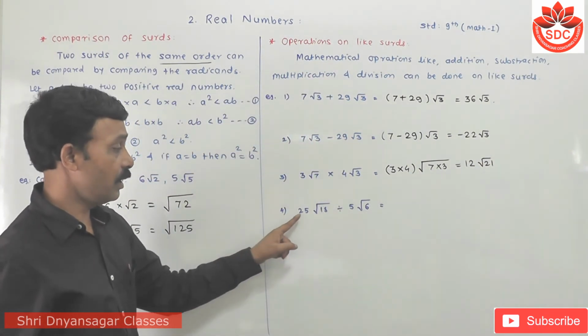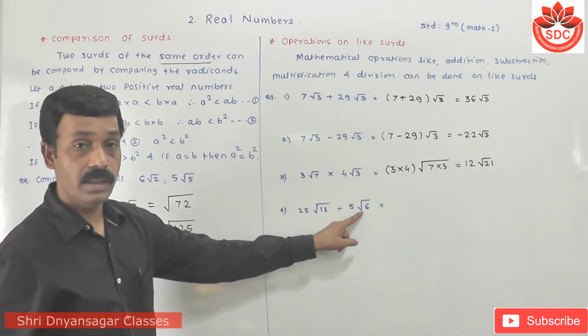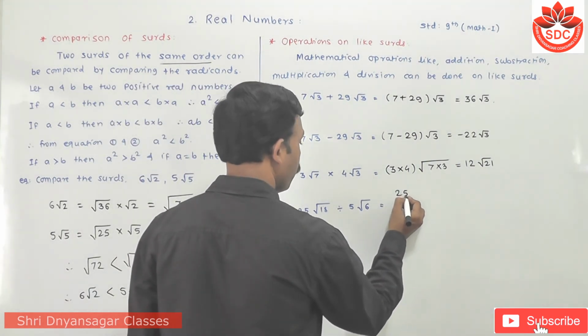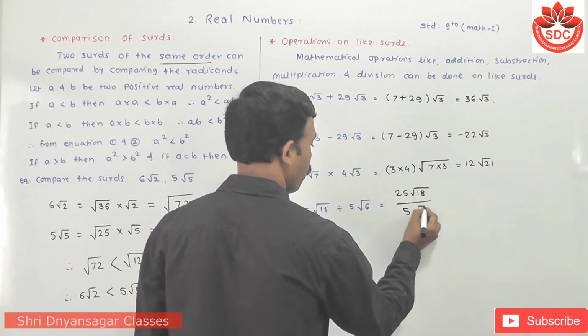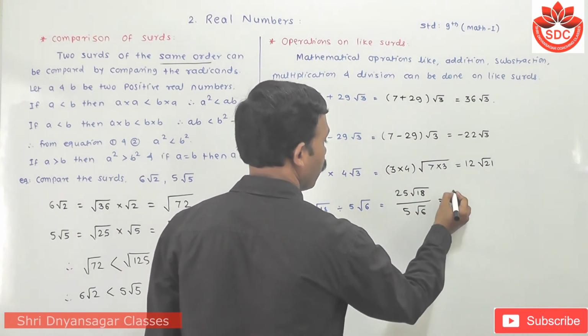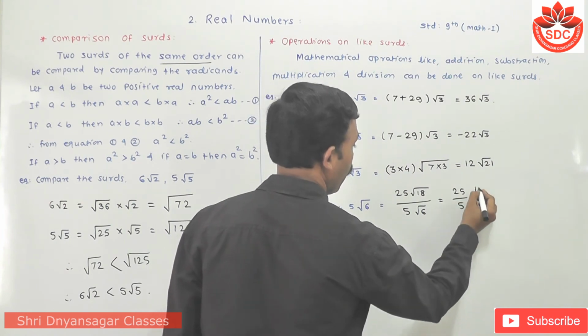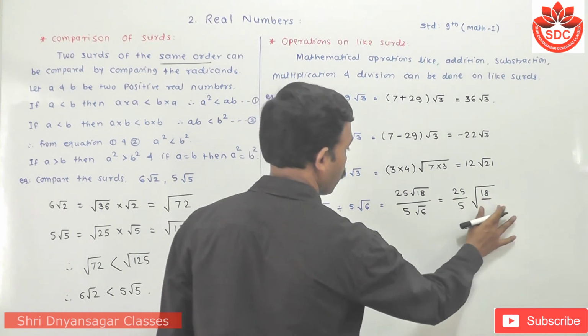Then the fourth operation is 25 root 18 divided by 5 root 6. Now we write it as 25 root of 18 upon 5 root of 6. Meaning 25 upon 5, and in the root, 18 upon 6.